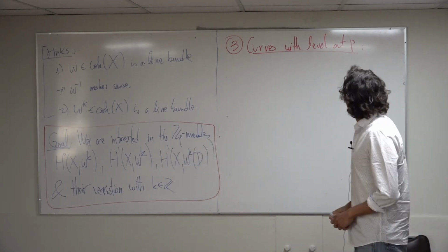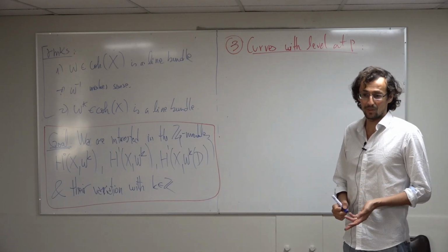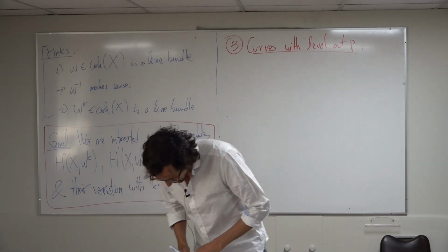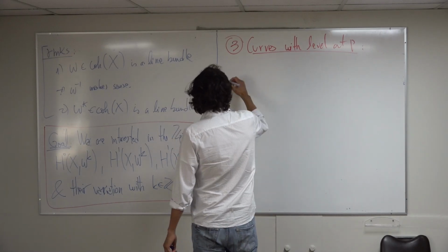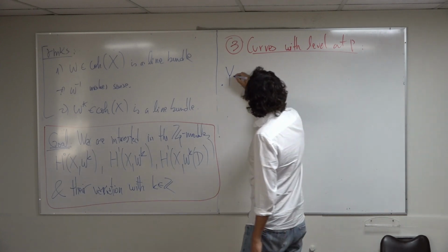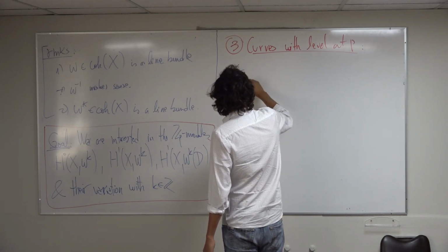This curve is very closely related to what Javier explained to us, but with some modifications. Firstly, we repeat the same procedure. We consider the modular curve of level gamma 0, gamma 1, N.